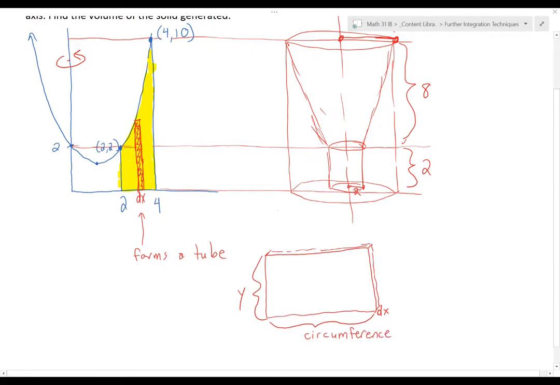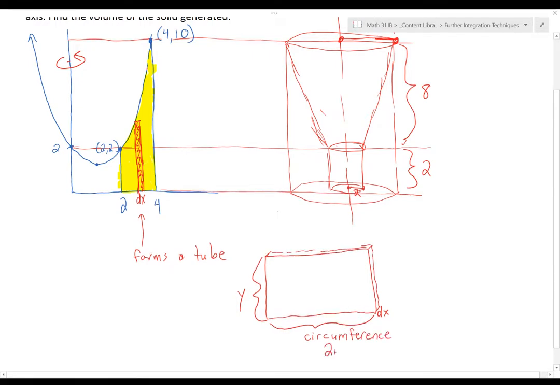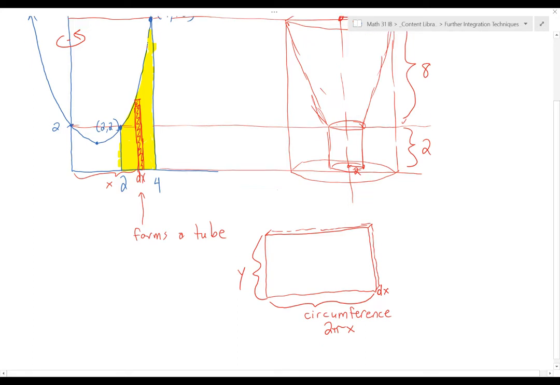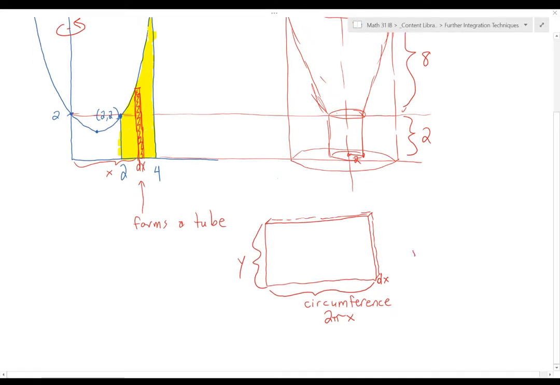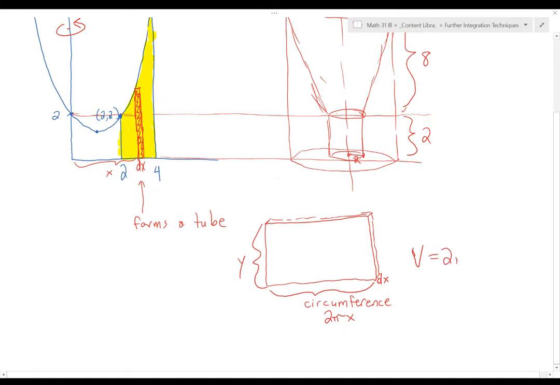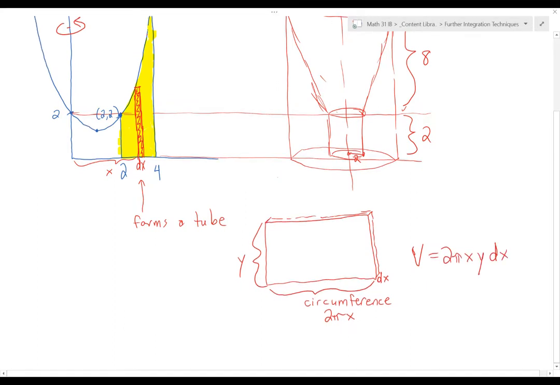The circumference of the circle being 2 times pi times the radius, but the radius is the x value. So 2 pi x is the circumference, which is what ends up being the width of that rectangle. So the volume of this little tube that we created is 2 pi times x times y times dx.